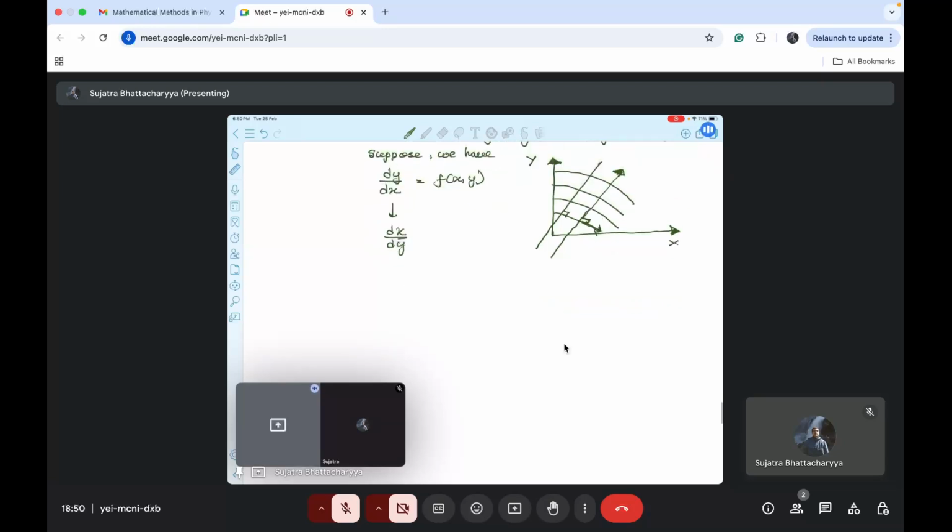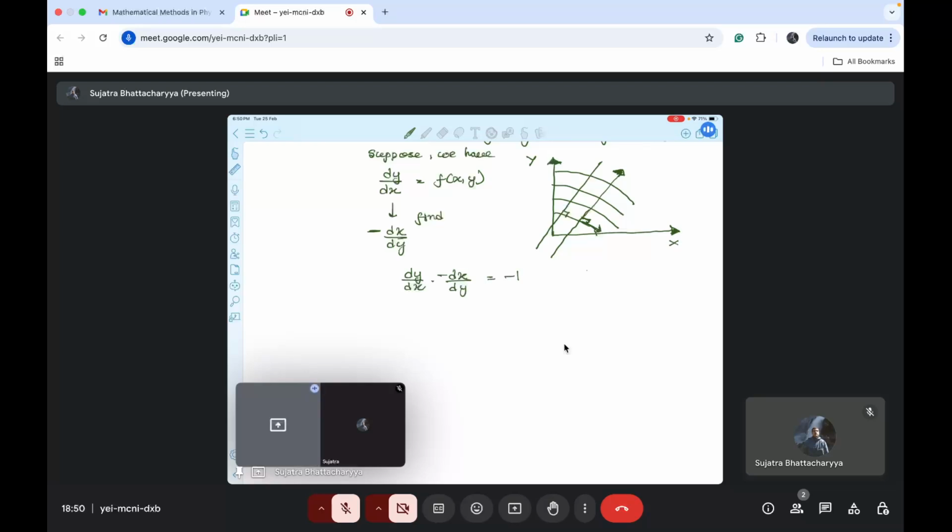Okay, you calculate dx/dy with a negative sign. Now, if you see, you will find that dy/dx times the negative dx/dy will be equal to minus 1.